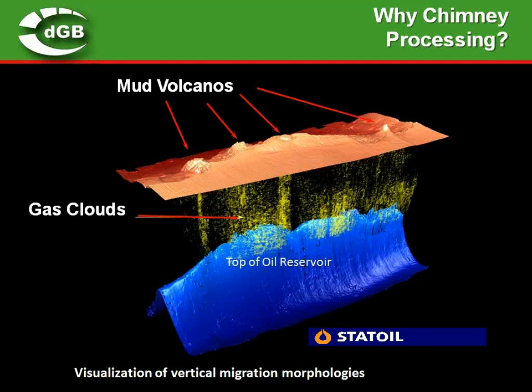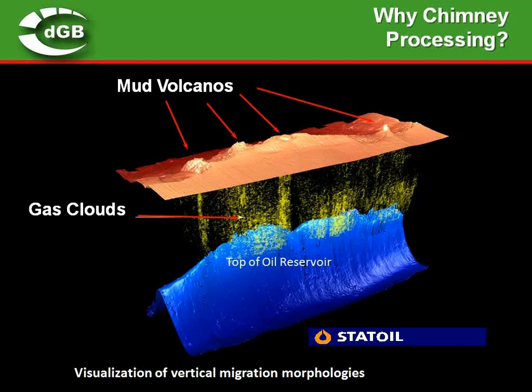Again, another purpose is to be able to distinguish these features in 3 dimensions, and thus we can look at their morphology. In this way, we can distinguish diffuse gas clouds from more point-sourced features like blowout pipes or mud volcanoes.